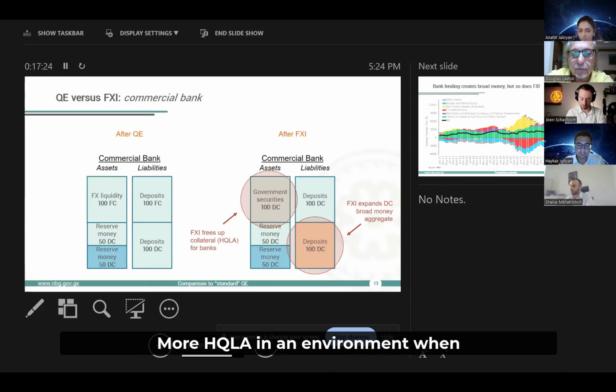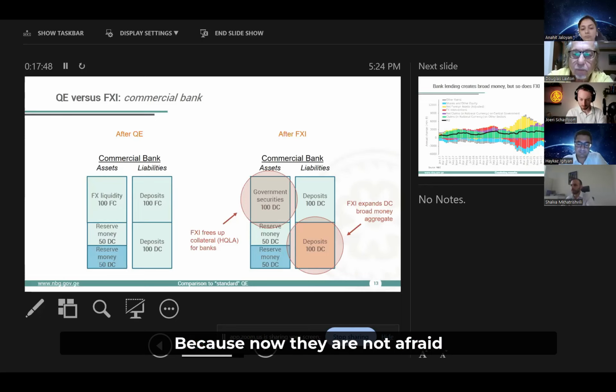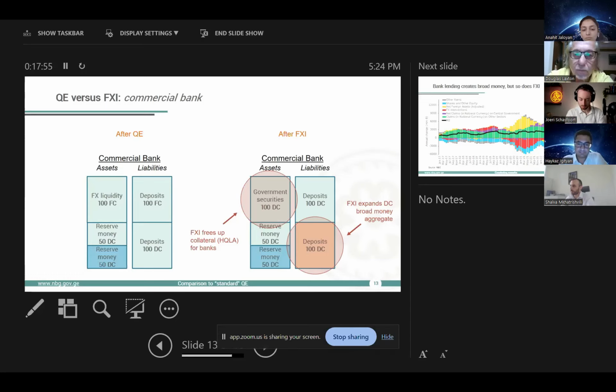So when HQLA is expanded, it means that banks can be more aggressive in lari lending, in domestic currency lending, so that domestic currency lending interest rates can decline, because banks will be more aggressive in pushing out loans, because now they are not afraid of liquidity risk as much as before, as they have a higher HQLA.